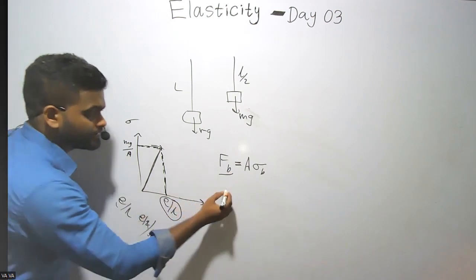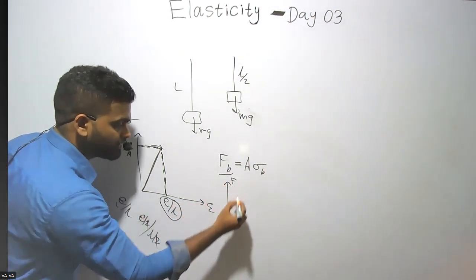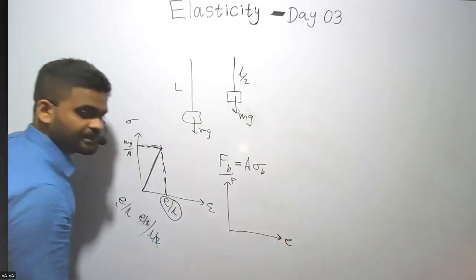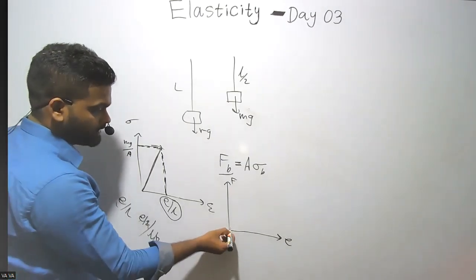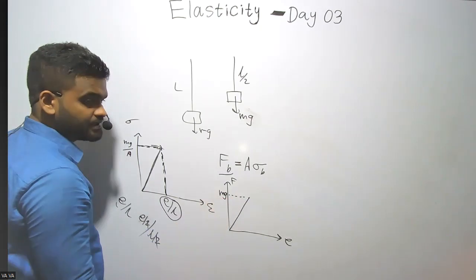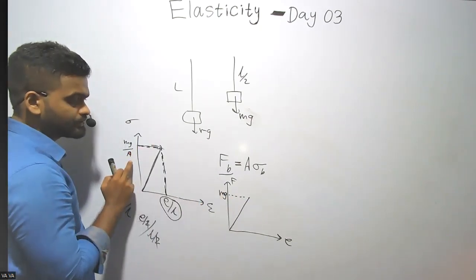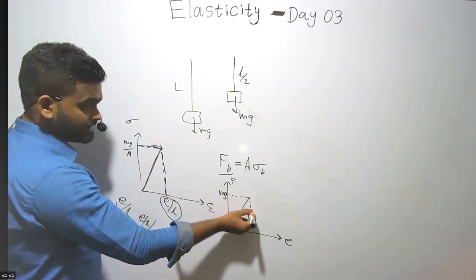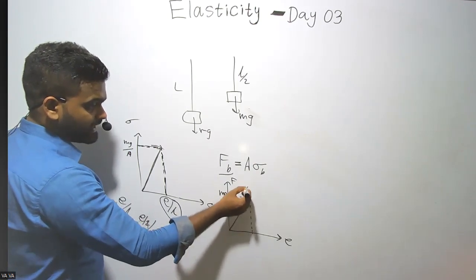But if you take a force extension graph, the force is mg, that is the applied force mg. We didn't change stress, right? Let's say this is for the length L wire.